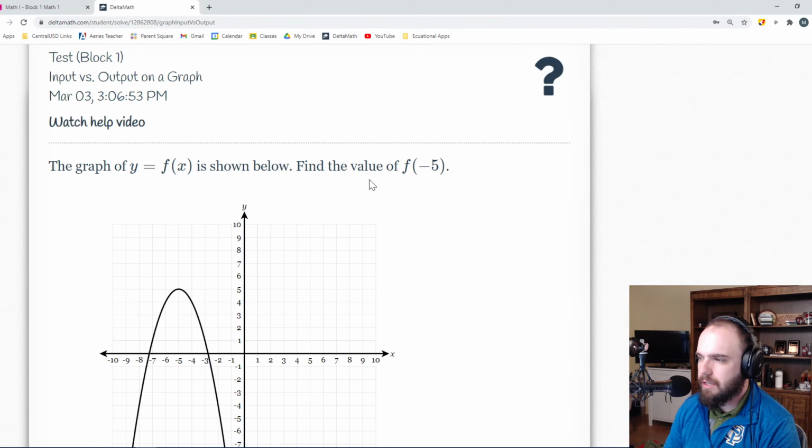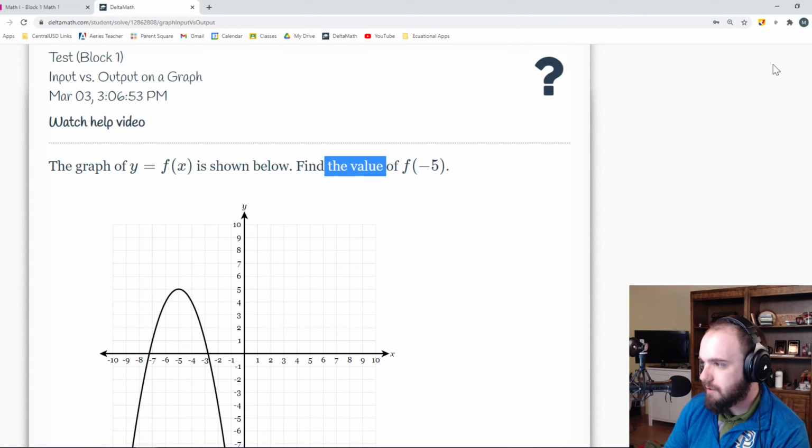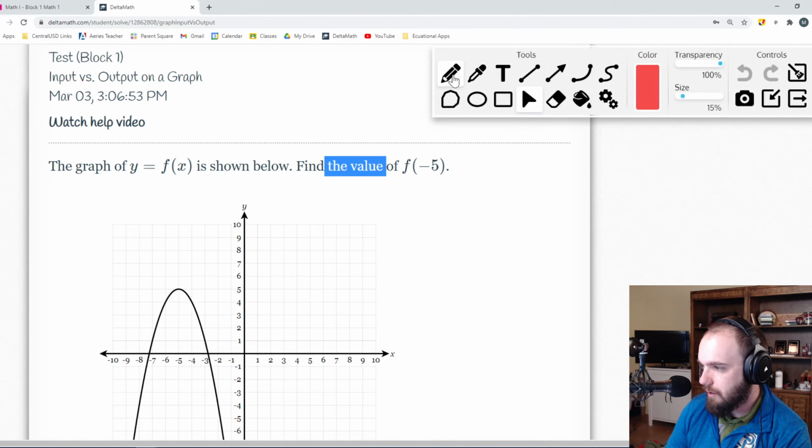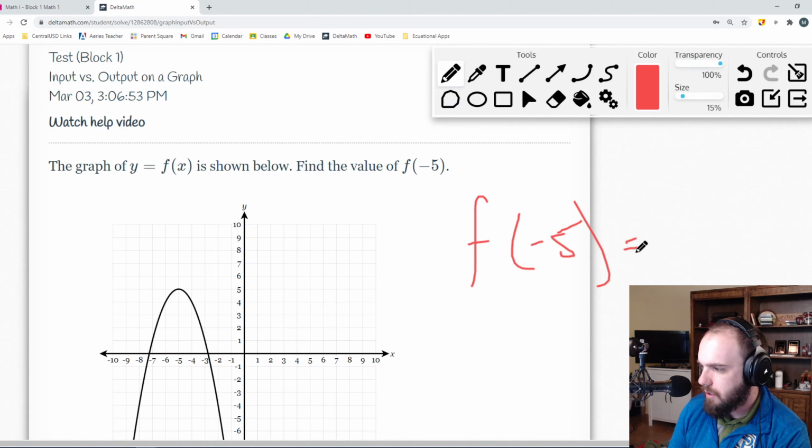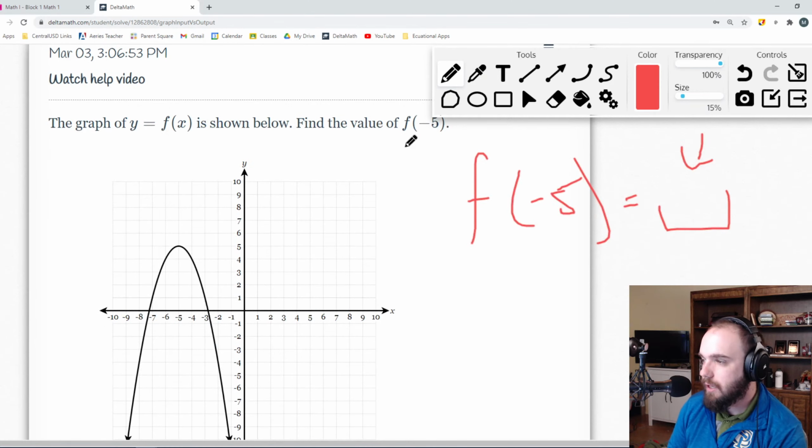All right, so now it's asking, we want to find the value of f of -5. So we're given some function, and now we're looking for the height. What is going to go right there? So if my x is -5, I'm looking right here at x equals -5.